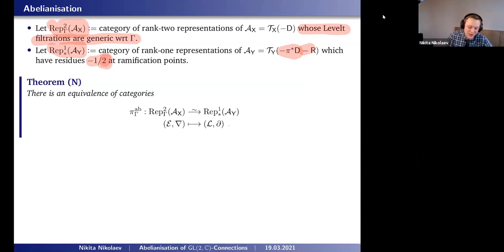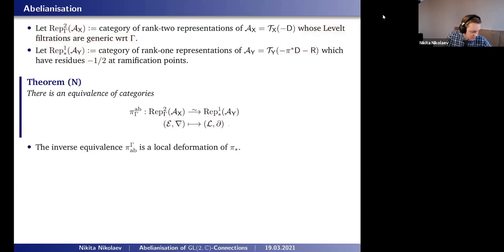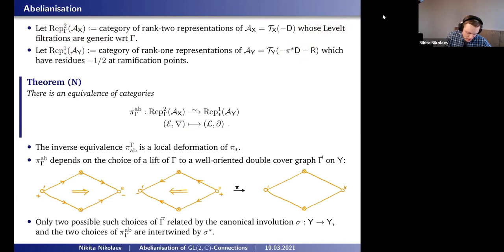Okay, so those are the categories, and it turns out that there is a way to deform locally the push forward functor pi lower star, such that you can set up an equivalence of these representations. You take a rank 2 representation and output a rank 1 representation, and you can go back. Just a couple of remarks, and then I'll stop.